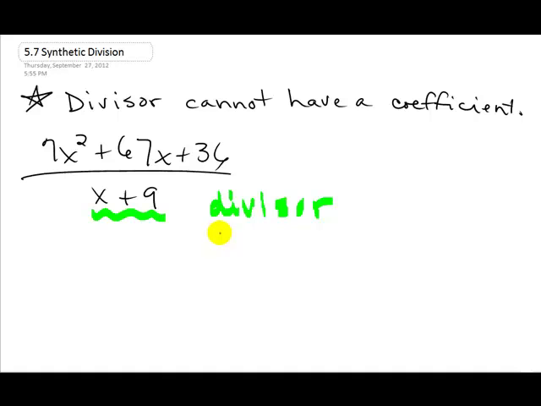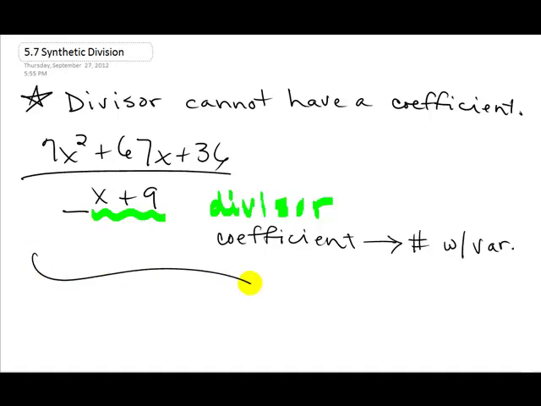And you need to remember that a coefficient, you should know this, but as a reminder, it's a number with the variable. And so when we look here, there's no number there. Okay, so this we could use the synthetic method.